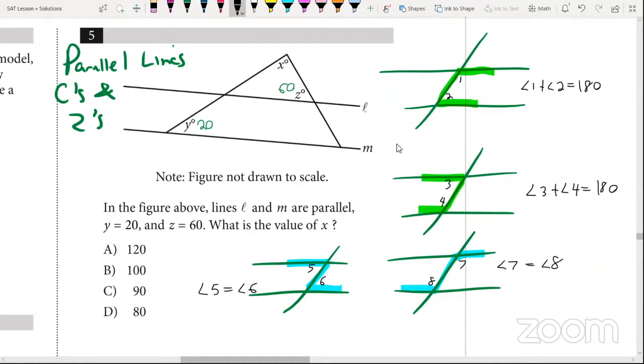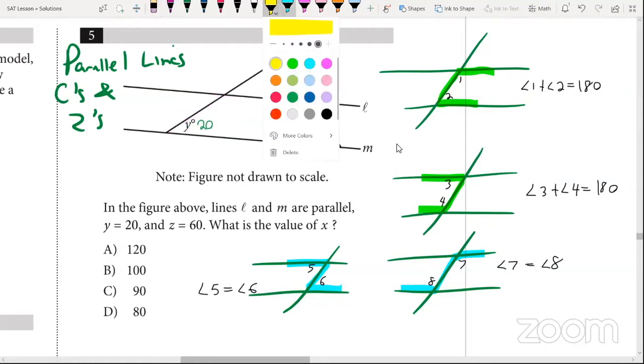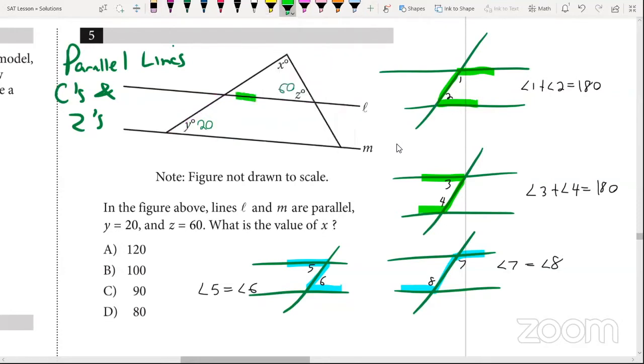So keeping it consistent with tips that you might need for future SATs, I see that there's a C shape right here. These 2 inner angles here have to add up to 180, just like we have in green on the right. So therefore, this has to be 160, because 20 plus 160 is 180.